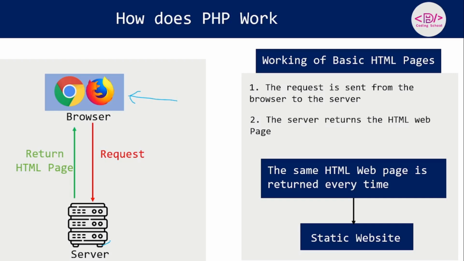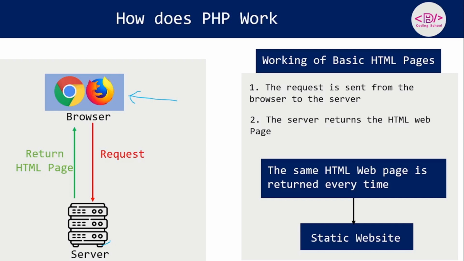Whether you request it 10 times or 20 times in a day, it will look exactly the same. So when you hear people using the terms static website and dynamic website, a static website is one that, when you request it from the server, is sent the way it was put there by the developer.